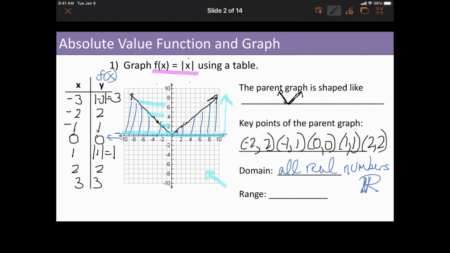So it goes from y, because that's what the range is, the y values. It's greater than 0, right? And then it is also equal to 0. And it can be fractions. So if I put in a half, it'll come out a half. 2.5, 2.5. Square root of 5, square root of 5. So this is our parent graph.